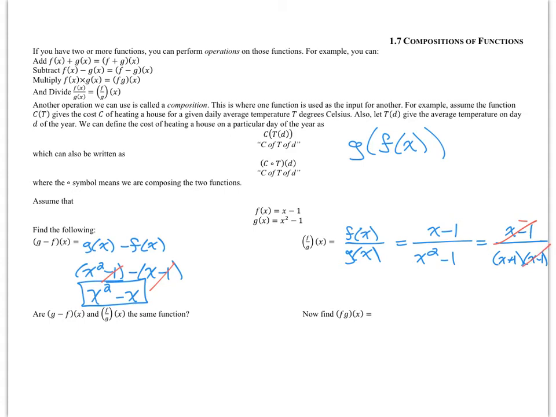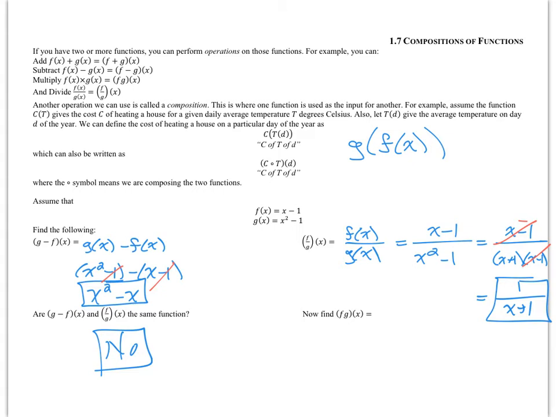X minus 1's cancel, so we end up with 1 over x plus 1. Okay? So are g minus f of x and f over g of x the same? Well, look there and there. Are they the same? They sure are not the same.